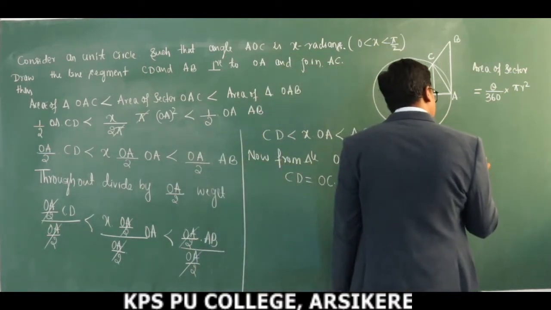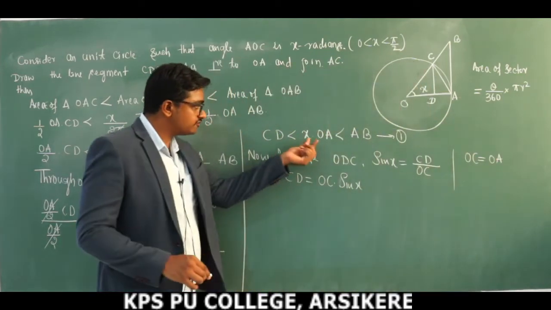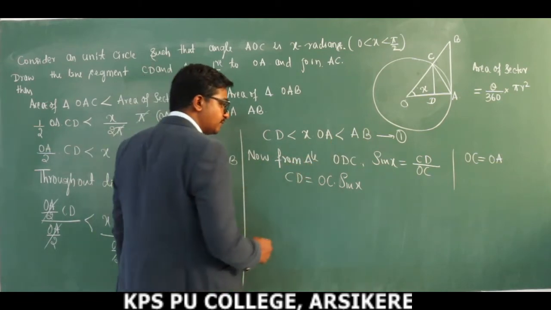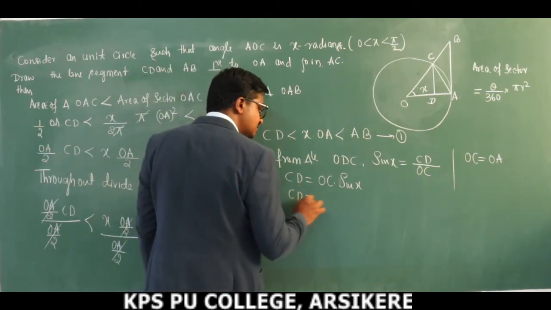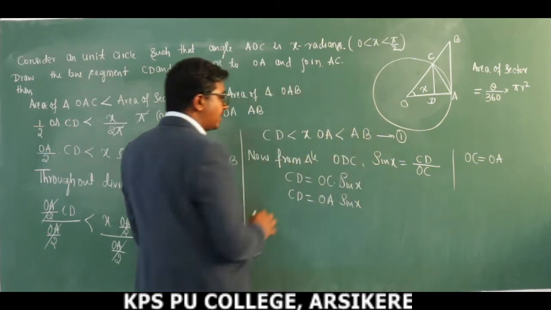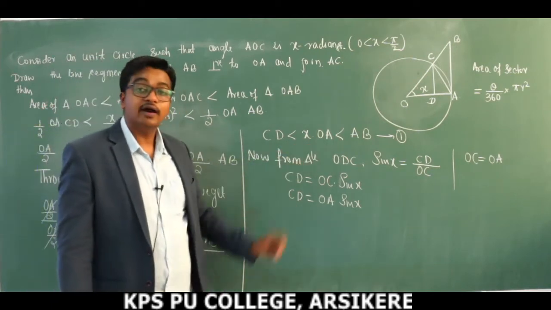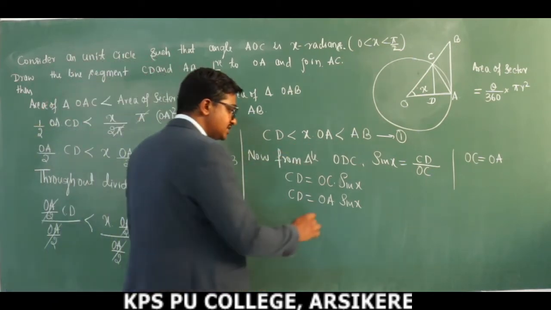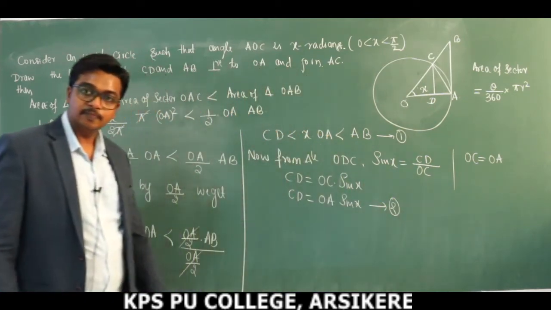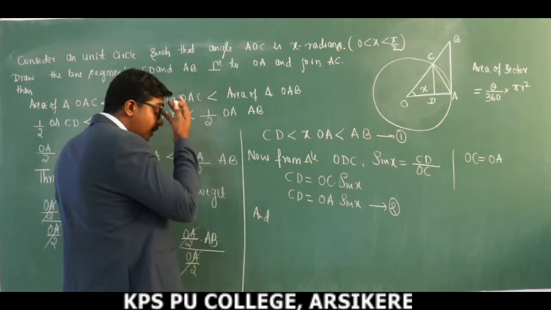Hence in place of OC we can replace it by OA, because we have to get the expression in terms of OA. So CD is equal to OA into sin x. Here we have to convert CD as well as AB in terms of OA because the middle term has OA. Therefore CD is equal to OA into sin x. Call this 2. And from the right angle triangle, what do we have here?